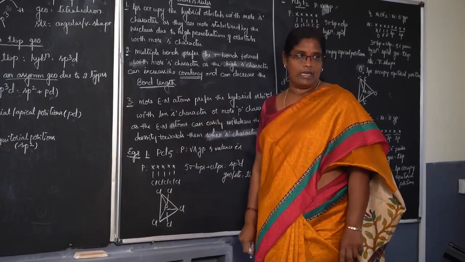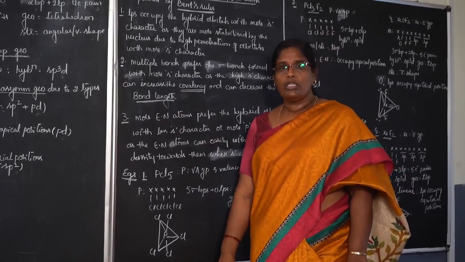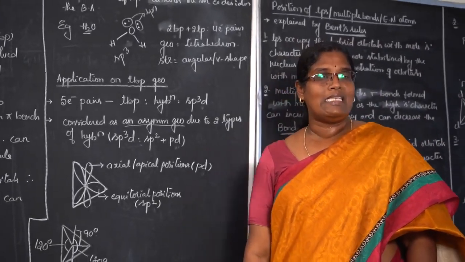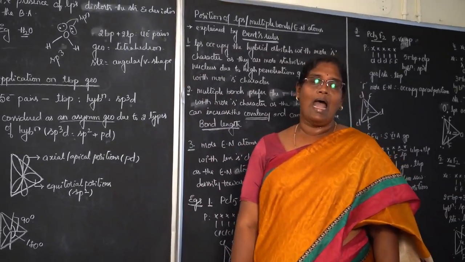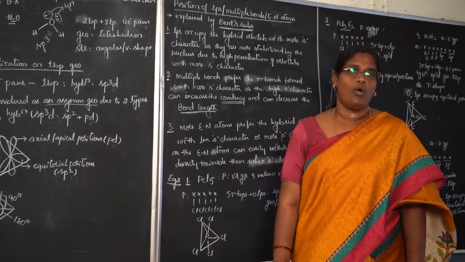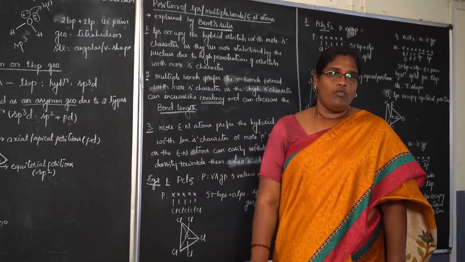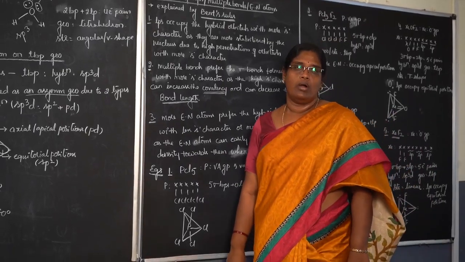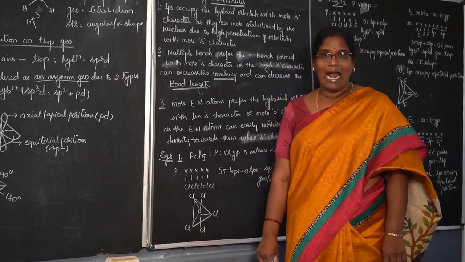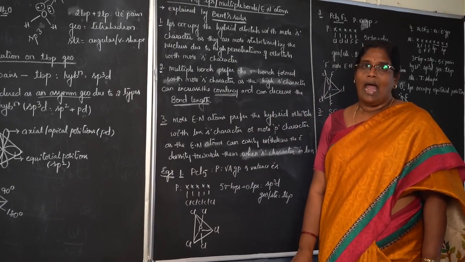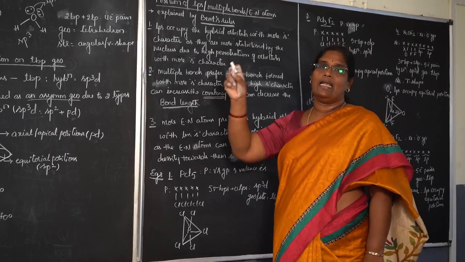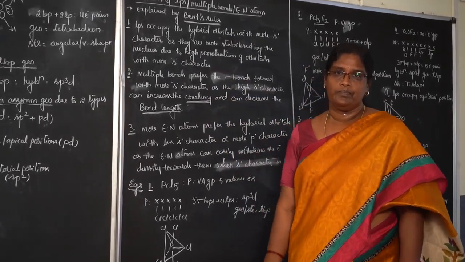Formation of double or triple bonds always decreases the bond length as they are formed by the lateral overlap of orbitals, and this lateral overlap is more effective when the s character is low.